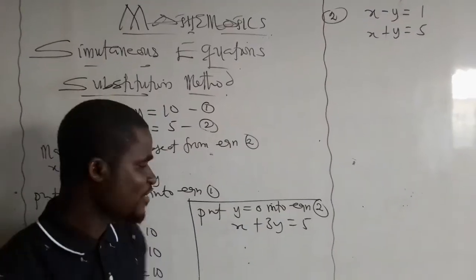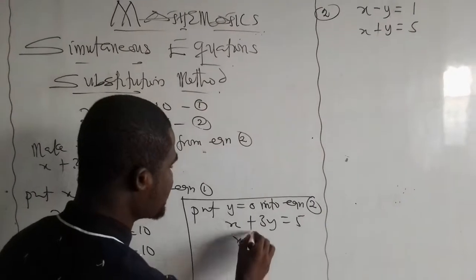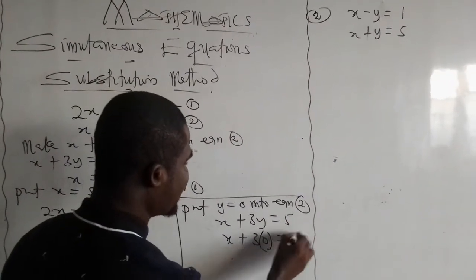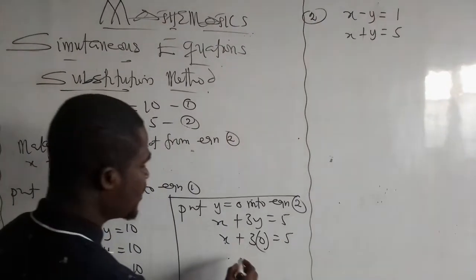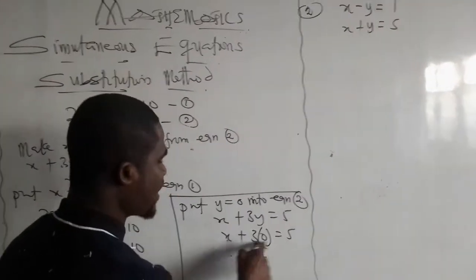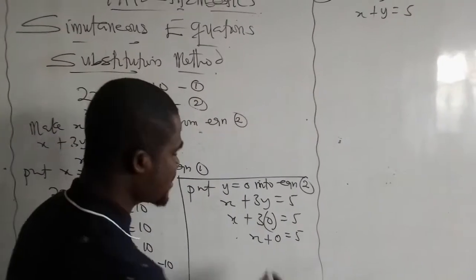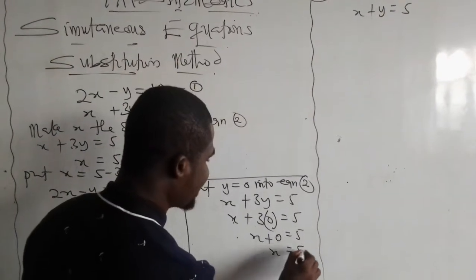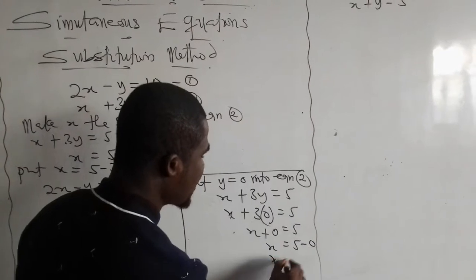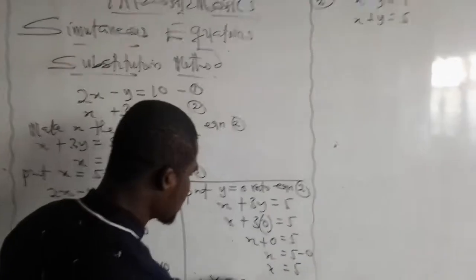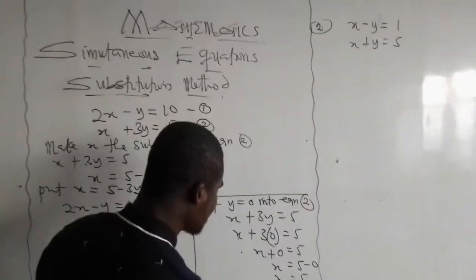So we have x plus 3 into bracket 0 equals 5. x plus 3 times 0, which is 0, equals 5. Let's group like terms: x is equal to 5 minus 0. x is equal to what? 5. Therefore, x is equal to 5 and y is equal to 0.